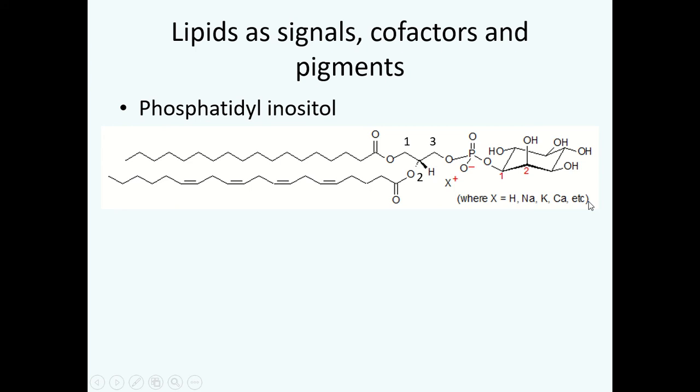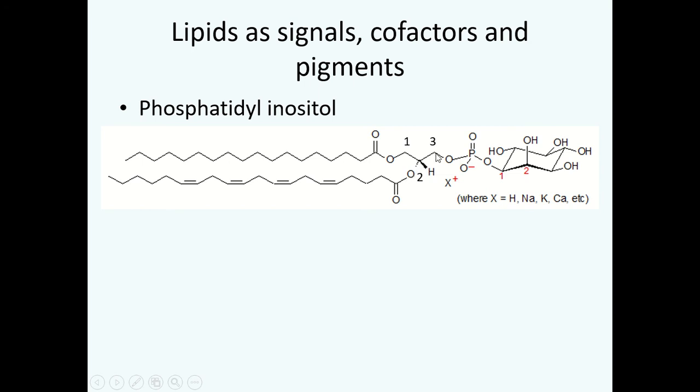Yet lipids are also important for several other physiological functions. The first one in this regard is phosphatidylinositol. We have just commented about this particular phospholipid. This is a structural representation of phosphatidylinositol. This part is glycerol. This is carbon number 1 of glycerol containing a fatty acid on it. This is a saturated fatty acid shown here. This is carbon number 2 of glycerol, which is linked to an unsaturated fatty acid.